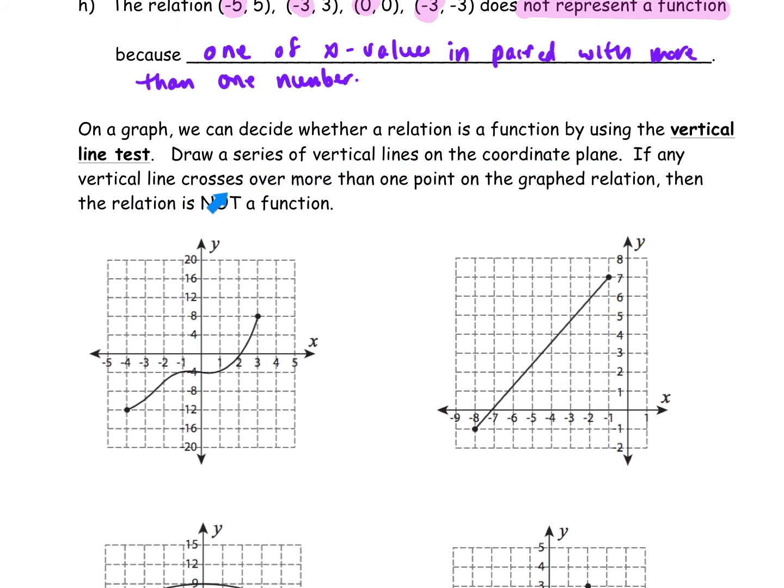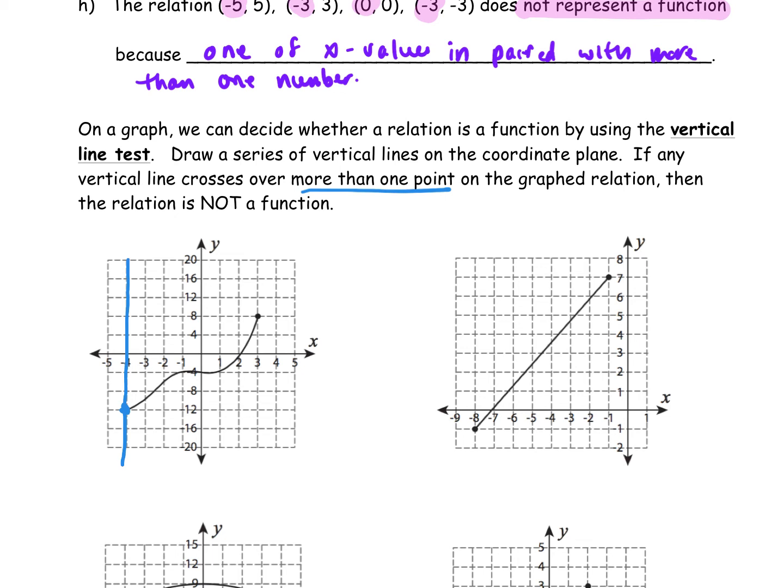If any vertical line crosses over more than one point on the graphed relation, then the relation is not a function. So let's look at what this looks like. If I dropped a vertical line, so up or down, and it hit my graph line, it only hits it in one spot, so that's good. If it's more than one point, then it's not a function.